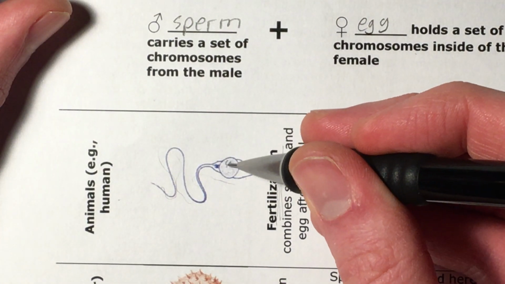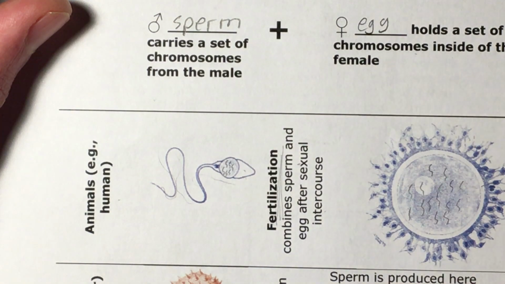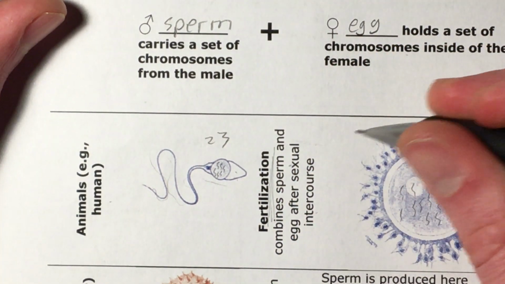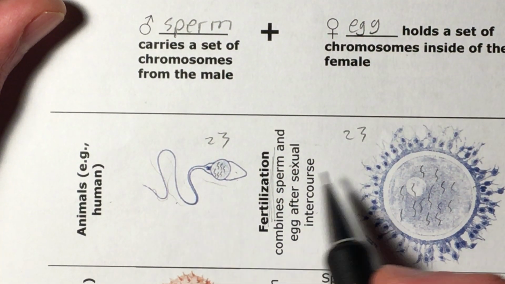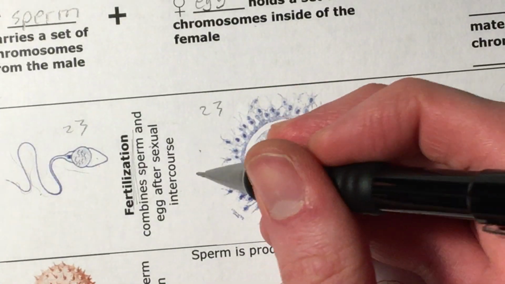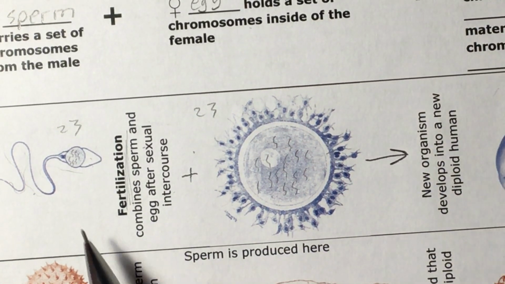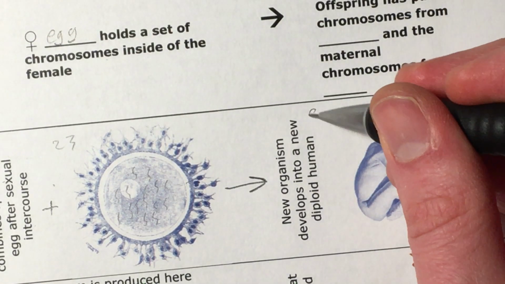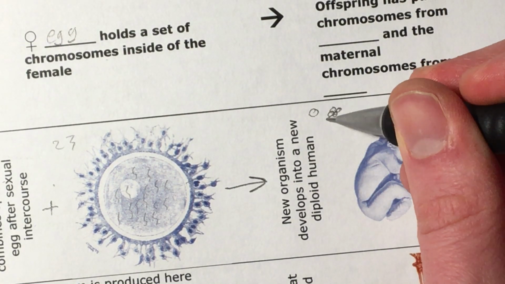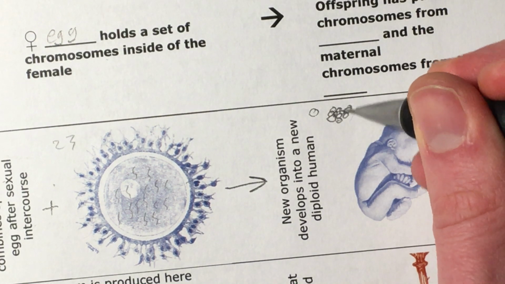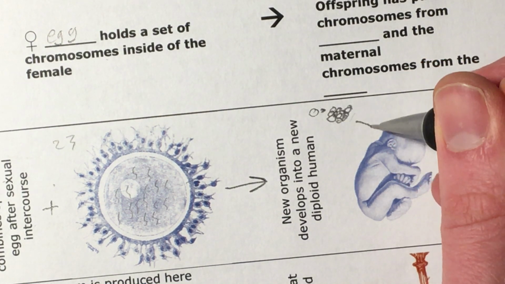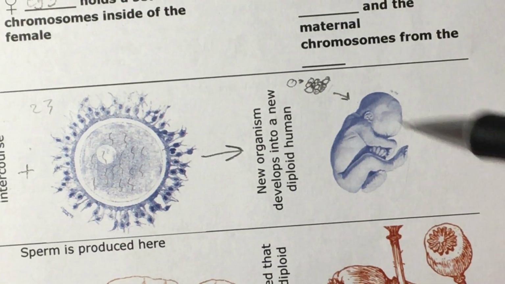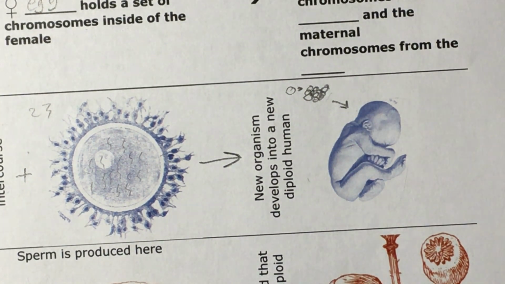Inside of the sperm, it also has 23, okay? So 23 chromosomes, and they add, so the sperm combines with the egg, and that fertilization now creates a new organism. It's going to start off as a cell, and then those cells are going to start dividing, and they grow, and they're going to continue to grow until they develop into a baby. All right, new offspring.